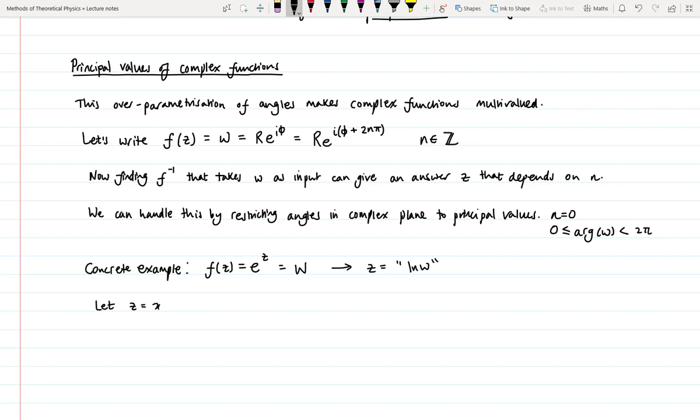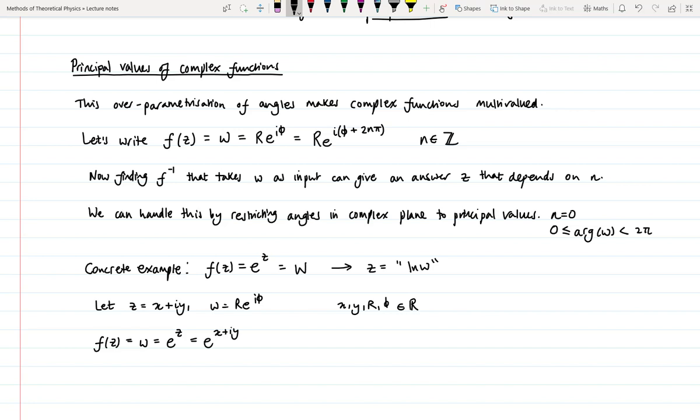Let's write z as x plus iy, and w as above as r e to the i phi, where x, y, r and phi are real numbers with appropriate ranges. We now write down that our complex function, whose value is w, is given by e to the z, which we can write down as e to the x plus iy.